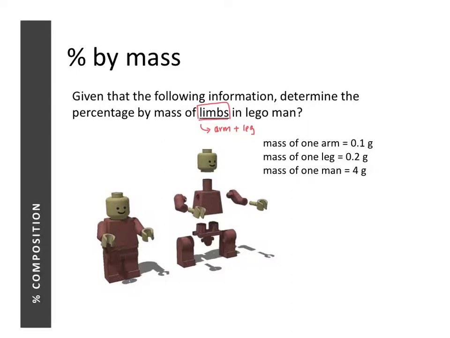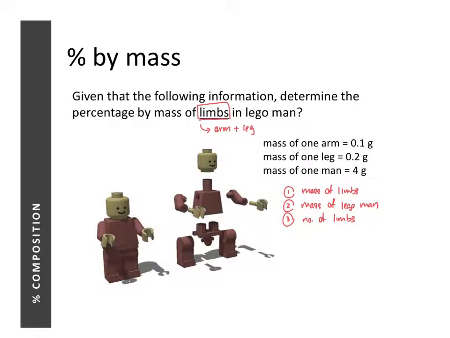Again we need the 3 things. We need the mass of part, which is the mass of limbs. We need the mass of whole, which is the mass of the Lego man. And then we need the number of limbs.